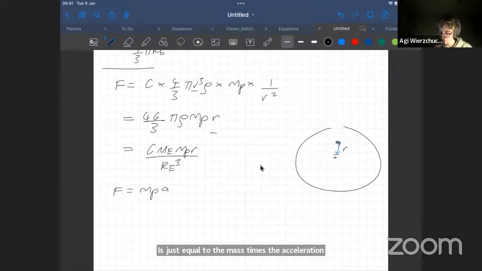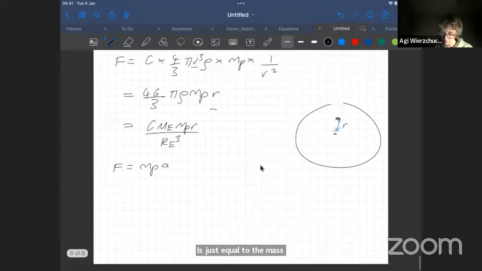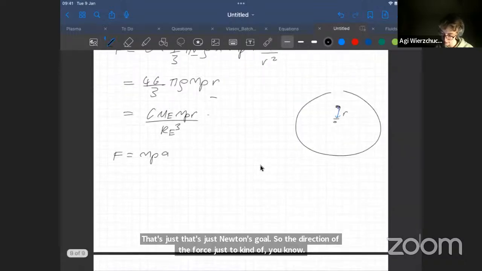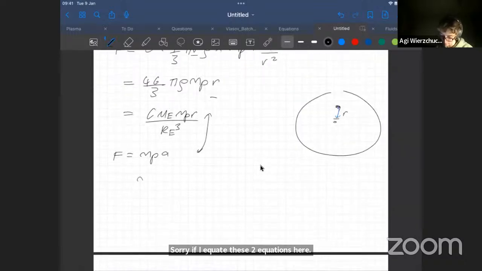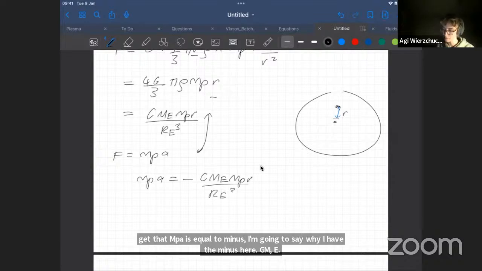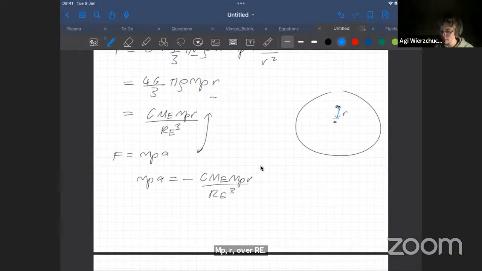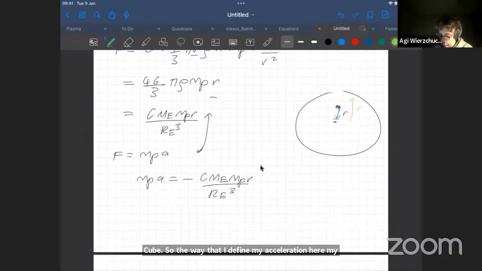If I equate these two equations, I get that M_P a is equal to minus, and I'm going to say why I have the minus here, G M_E M_P r over R_E cubed. The way that I define my acceleration here, my r coordinate is increasing away from the Earth, right? So away from the Earth is the positive direction, right?